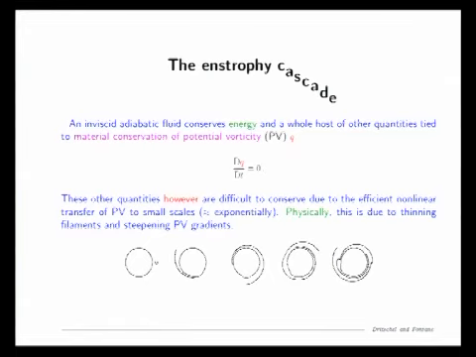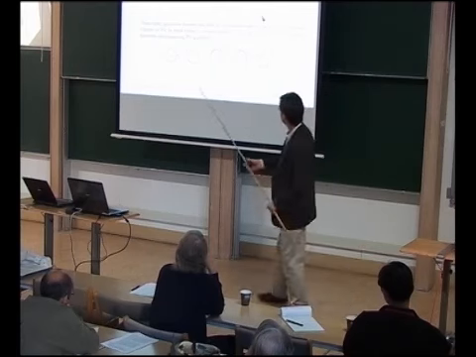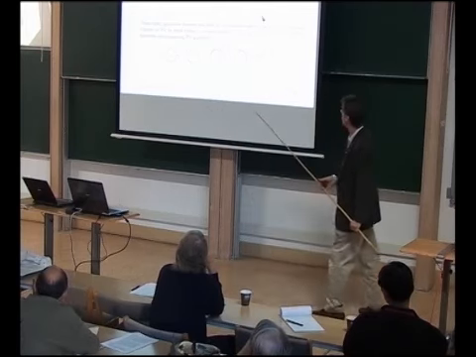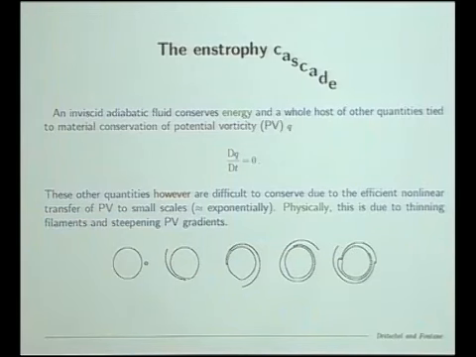The problem is the entropy cascade. We've heard lots about this in the last few days. We know that inviscid adiabatic fluid conserves energy and a whole host of other quantities associated with potential vorticity conservation, things called Casimirs. It could also be the area between levels of potential vorticity; they're equivalent. But these other quantities associated with material conservation of potential vorticity are difficult to conserve in discrete numerical models, due to the efficient nonlinear transfer of PV, for those that are spectral, to small scales, and this tends to go exponentially.